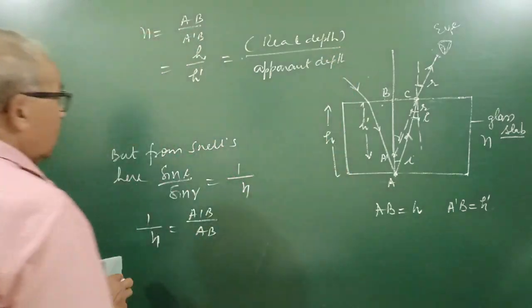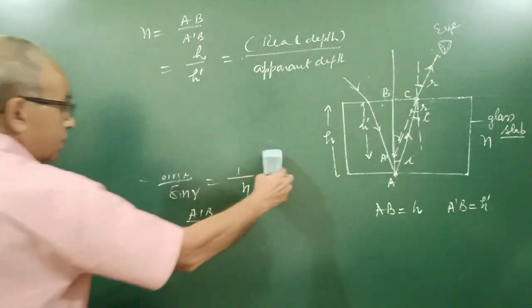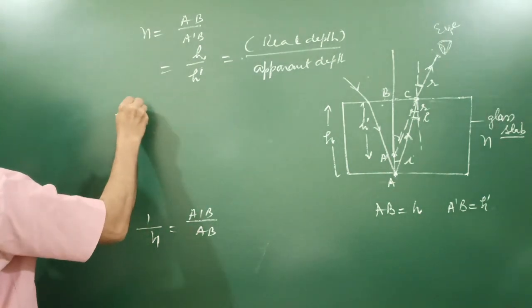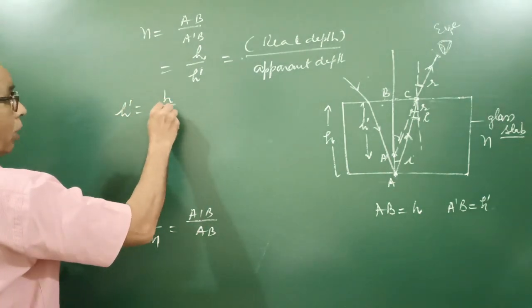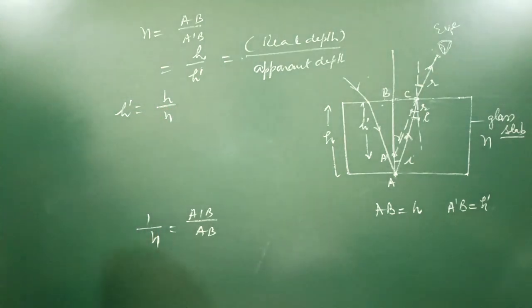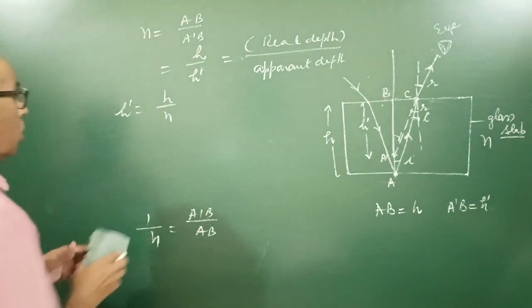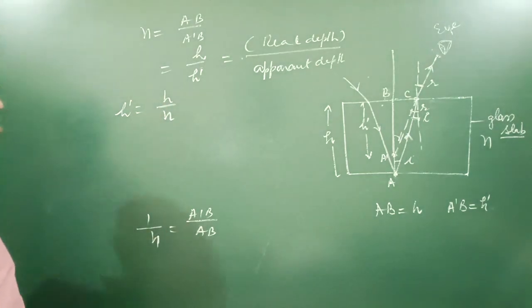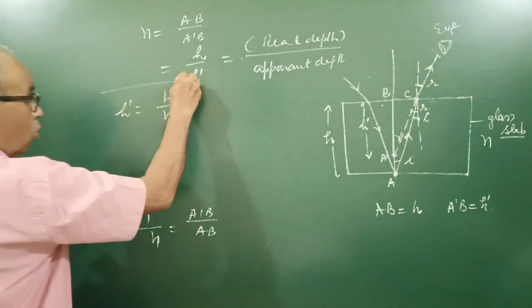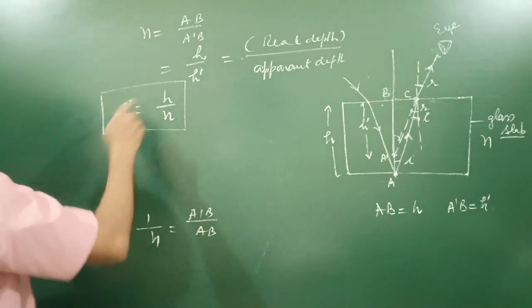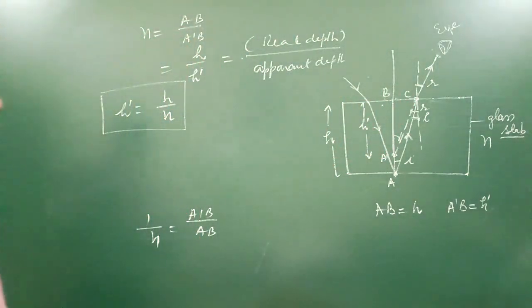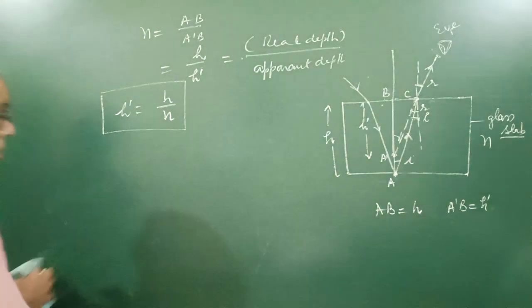Or you can say here that H dash is equal to H upon N. If the index is more than 1, then H dash is less than H, the apparent depth will be less than actual depth.